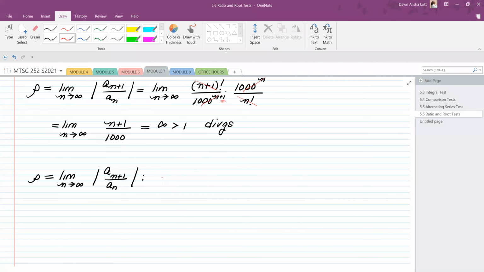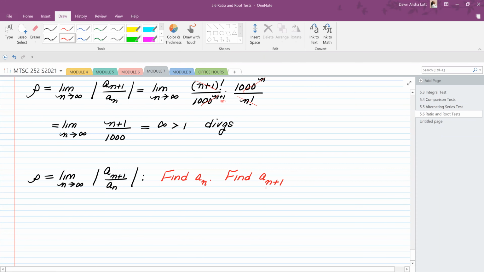I find a_n, then I find a_(n+1). And then I usually compute what the ratio is. As you can see, whenever it's a fraction, you always end up multiplying by the reciprocal of a_n. But yes, you have to use n plus 1.